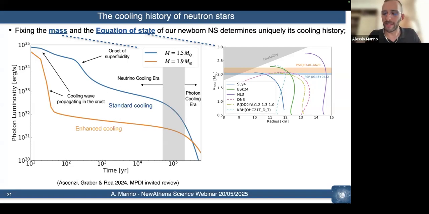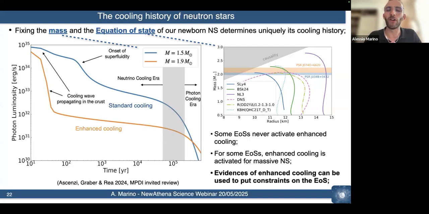Now, two takeaway messages. The enhanced cooling can be activated only by some equations of state. Not all equations of state will get to the point to have such a fast cooling in the first 100,000 years of life of a neutron star. And the second thing is that even for some equations of state, enhanced cooling is only activated for typically massive neutron stars.